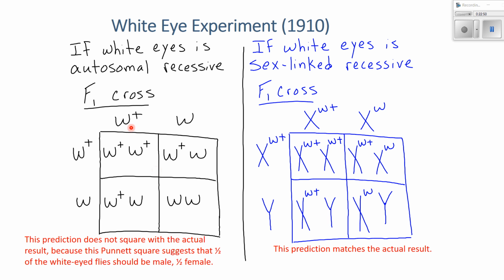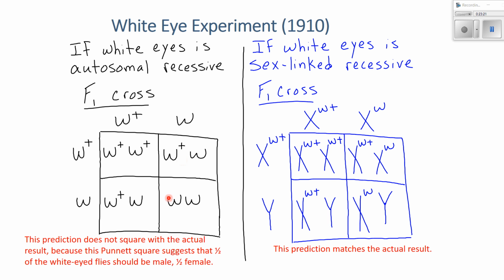So let's look at why that is. So here's heterozygous red crossed with heterozygous red. So we get homozygous red, heterozygous red, heterozygous red. That's 3/4 red eyes and only 1/4 white eye. But it shouldn't matter about male-female. All of these should be half of them male, half of them female.